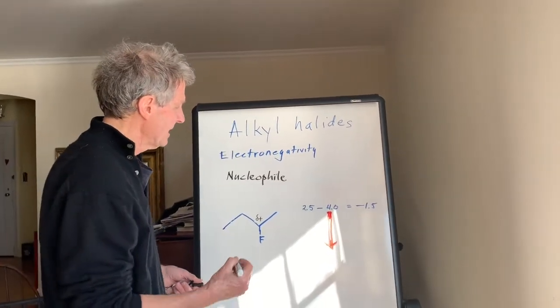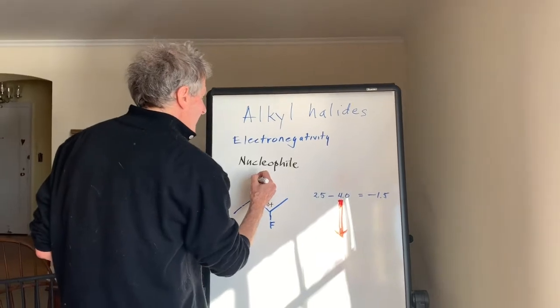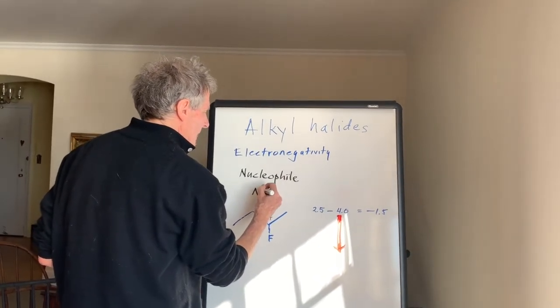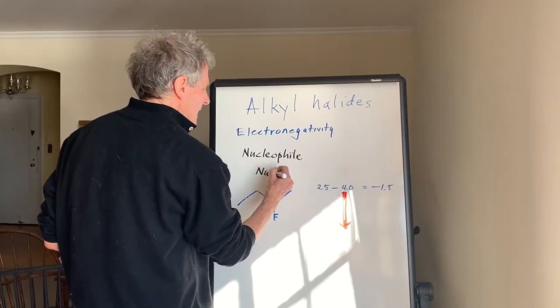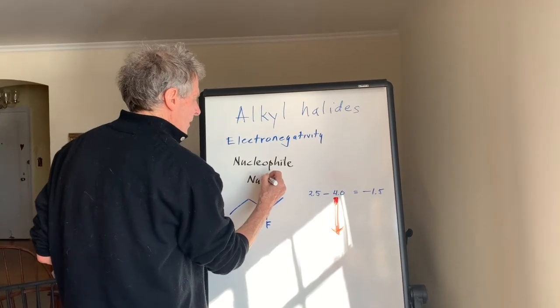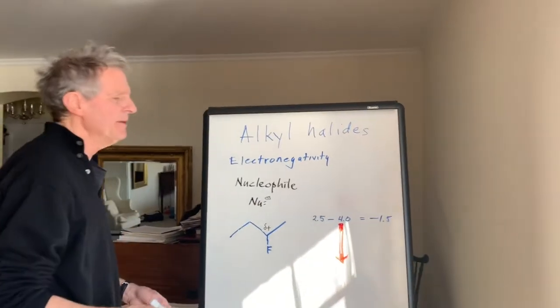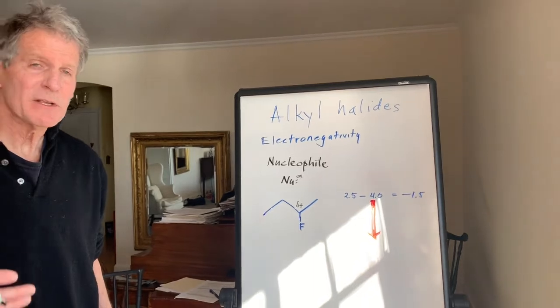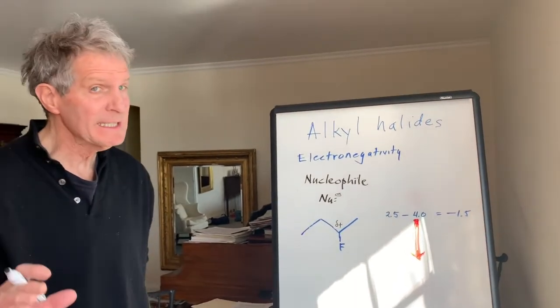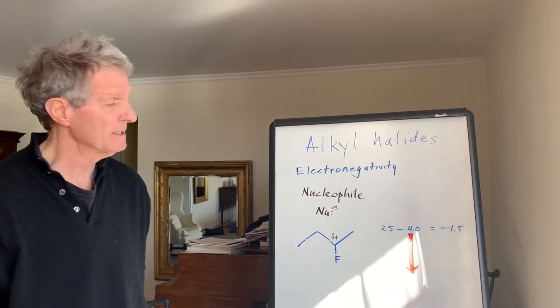So I will use a symbol that is pretty common in organic chemistry: Nu with a pair of electrons. The nucleophile, the chemical species, often has a negative charge. It doesn't have to have a negative charge, but it often does.